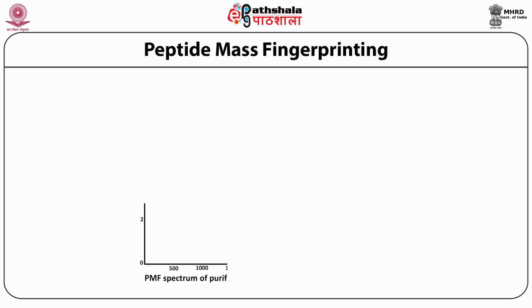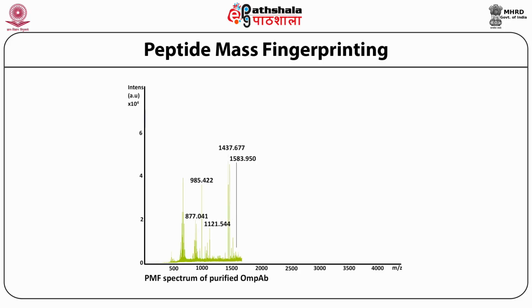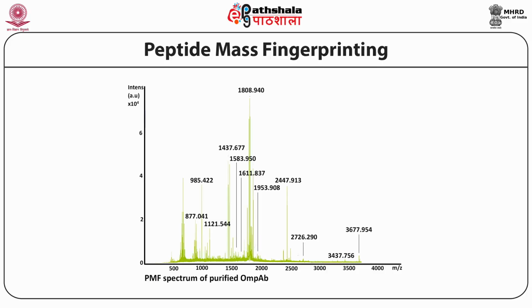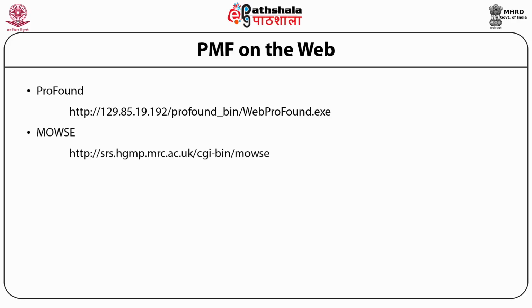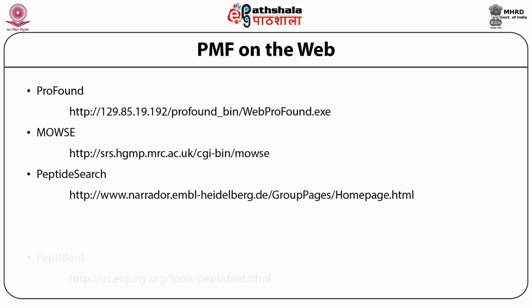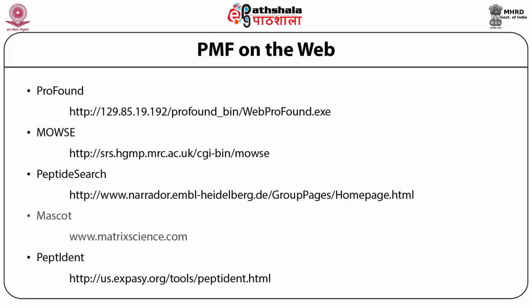It shows the result of peptide mass fingerprinting as a spectrum which came from a purified protein of a bacteria digested with trypsin. You will find different databases related to peptide mass fingerprinting. The most common are ProFound, MOWSE, PeptideSearch, Peptident, and Mascot.